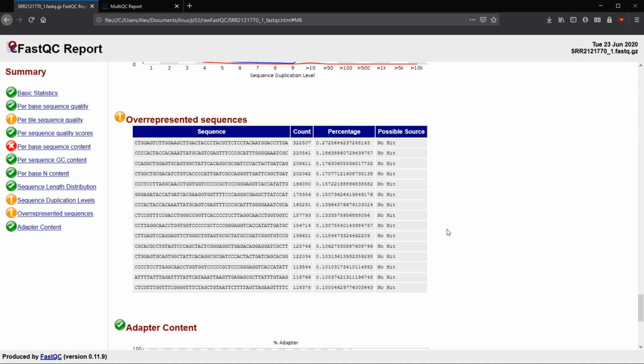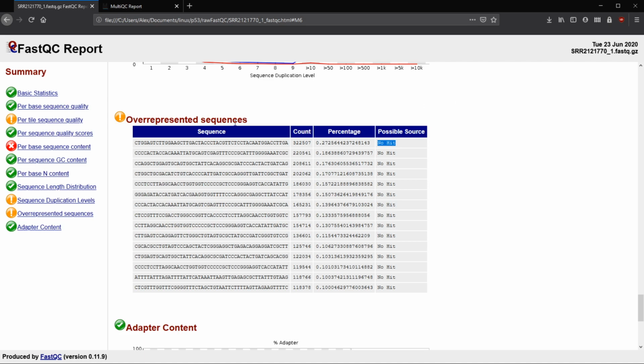And it's possible that it identifies a source, but because it identifies a source does not mean that this sequence would have come from this contamination source. So we don't have any hit, so it makes it a little bit harder to explain.